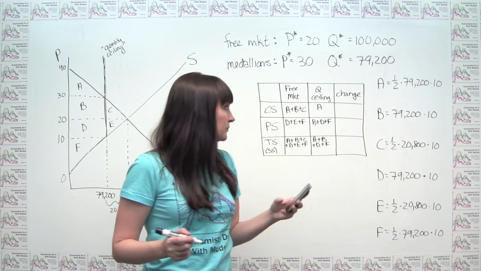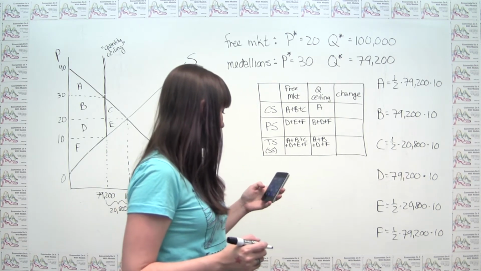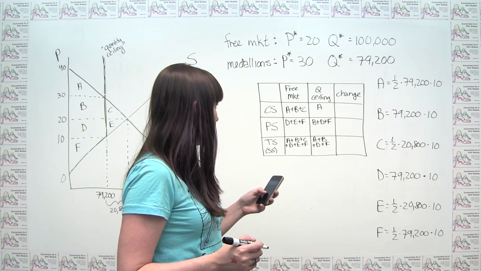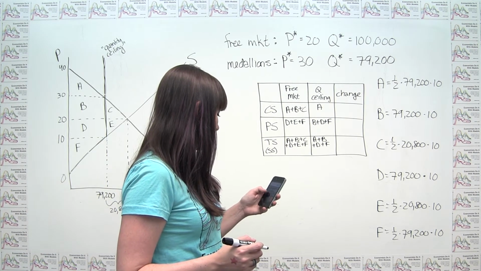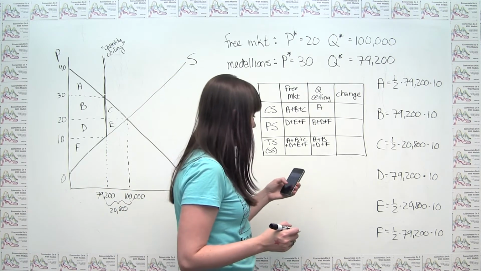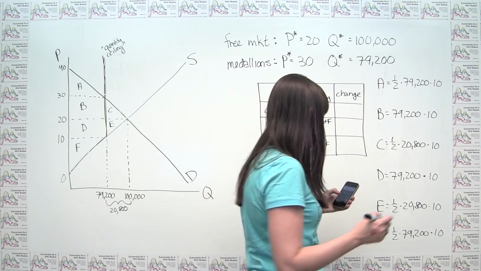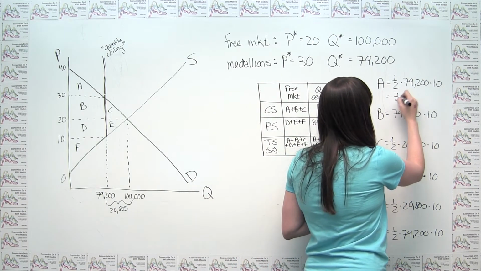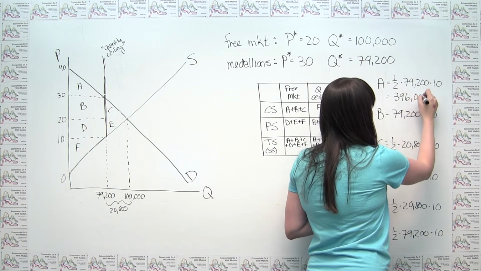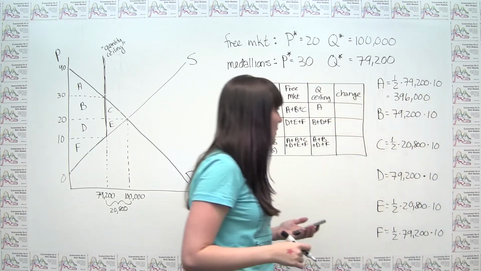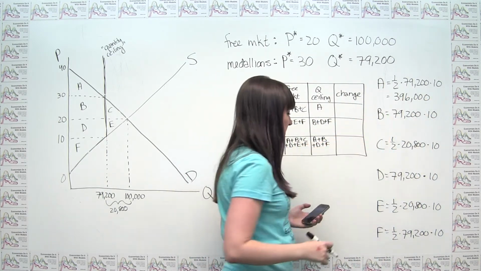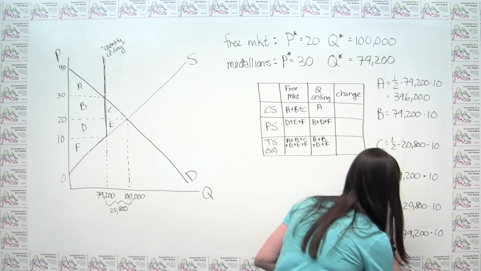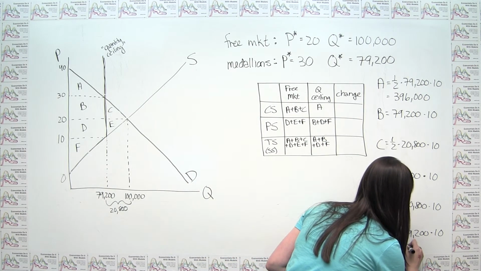Then we get out our calculator to figure out what these are numerically. 0.5 times 79,200 times 10 is 396,000, and the other triangle is also 396,000 because it's the same calculation.